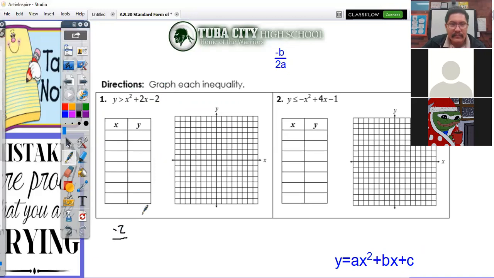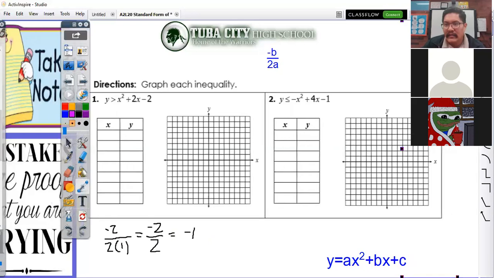So negative 2 over 2a. And in this case, my a value is 1, because my first term does not have a visible coefficient, so it has a coefficient of 1. Negative 2 over 2. And 2 divided by 2 is going to be 1, so the negative stays there, so that means it's going to be negative 1.